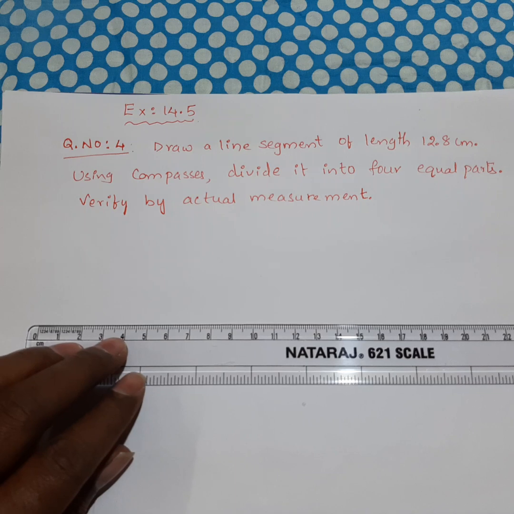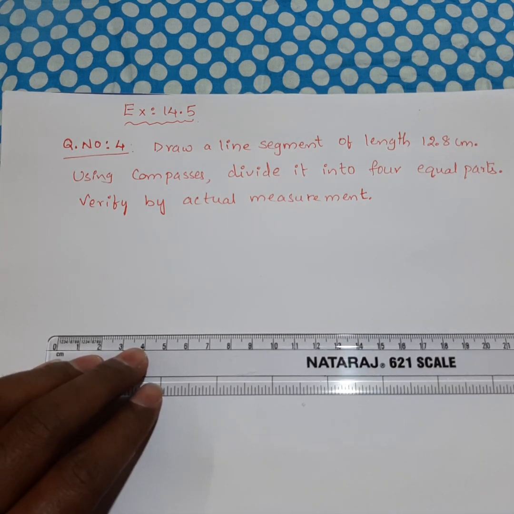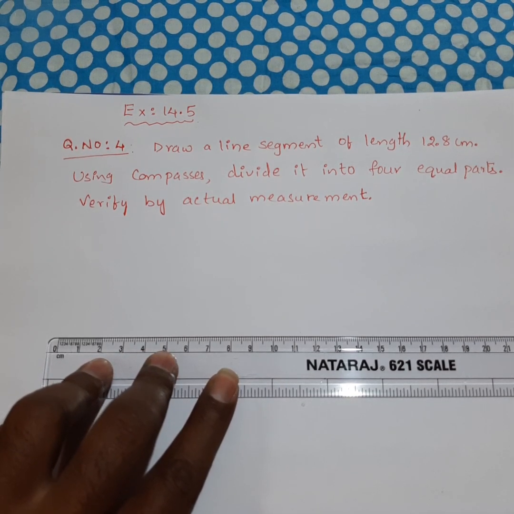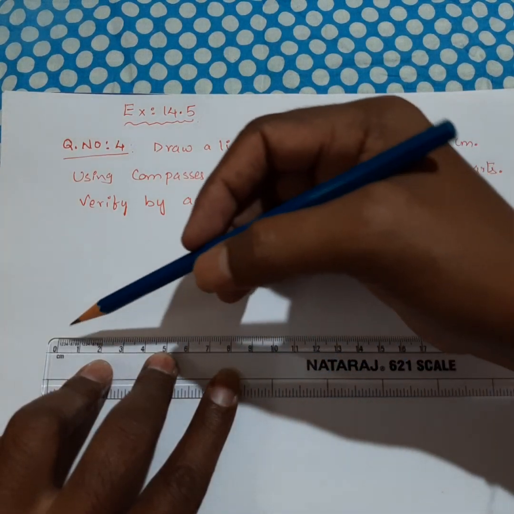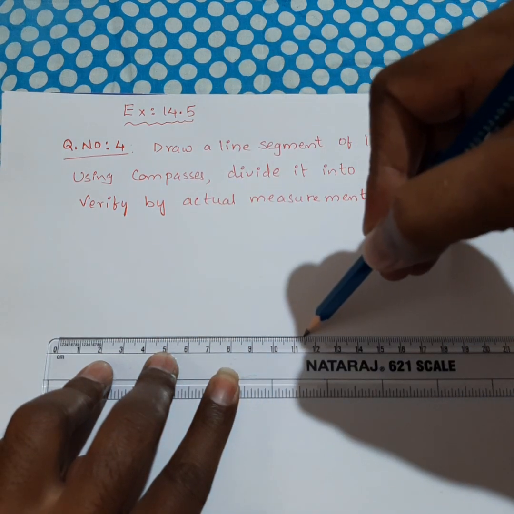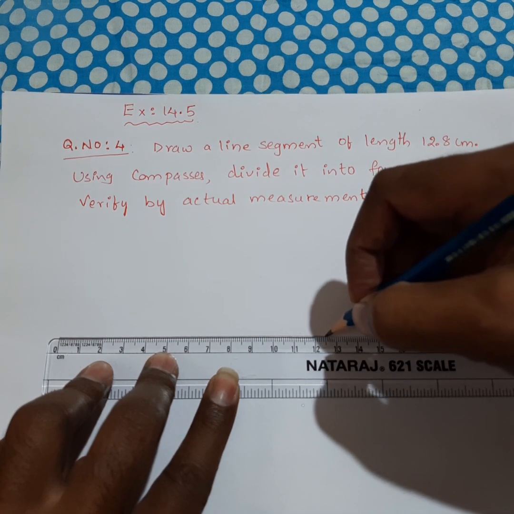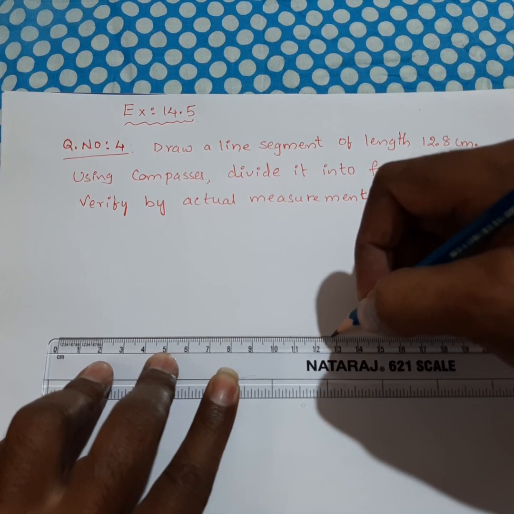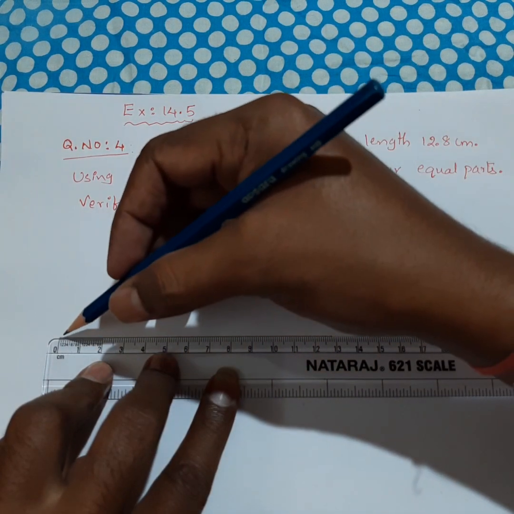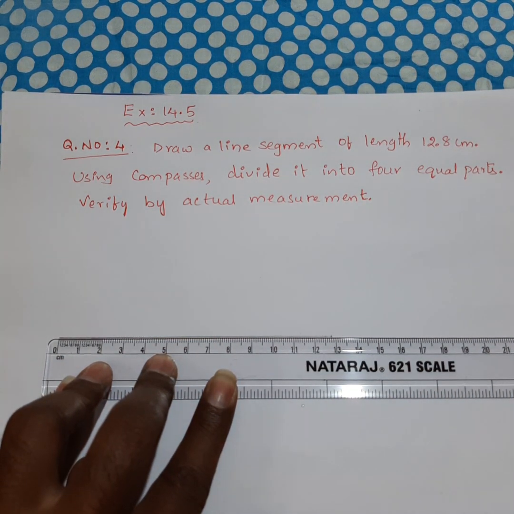By using a ruler, we can draw 12.8 centimeters of line segment. Start from 0 and draw exactly to 12.8.